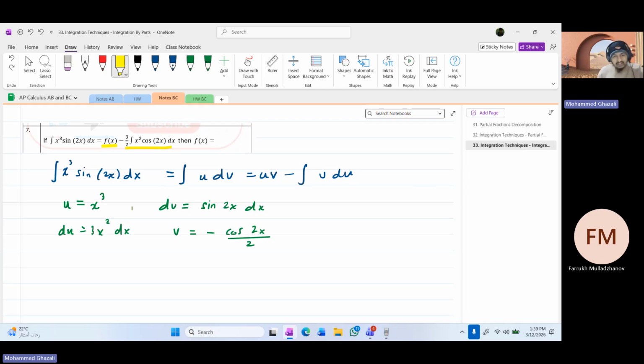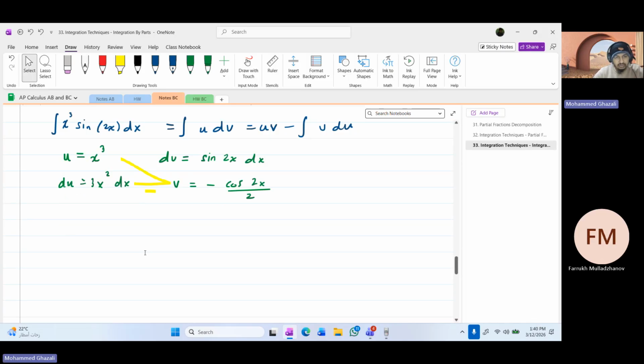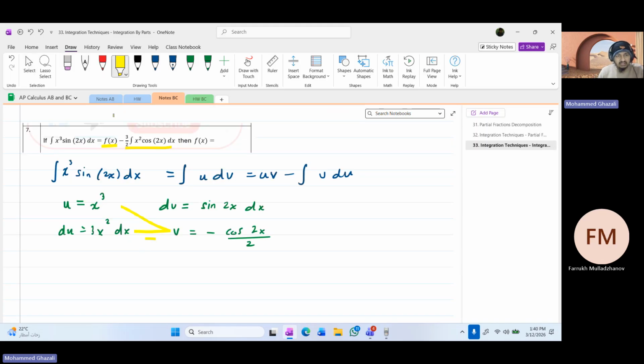So now, remember, to find the integral, we're going to multiply those two and subtract the product of these two. So let's call this the integral. The integral now becomes uv. What is uv? x cubed times negative cos 2x over 2, subtract the product of these two.